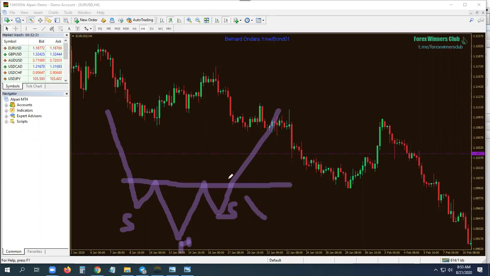Market breaks above your zone, you buy. Keep the same distance, head and the neck, measure the distance, that becomes your target. Your stop loss below the shoulder. Just the opposite, the reverse, it's inverted.